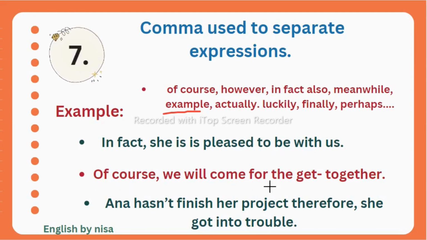Of course, we will come for the get together. Anna hasn't finished her project, therefore she got into trouble. So wherever these expressions fall in your sentence, you have to put a comma after the expression, as you can see here: therefore, of course, and in fact. There are more expressions. So whenever you see these conjunctive adverbs, you have to put a comma.